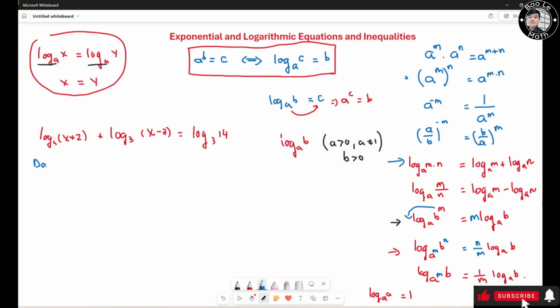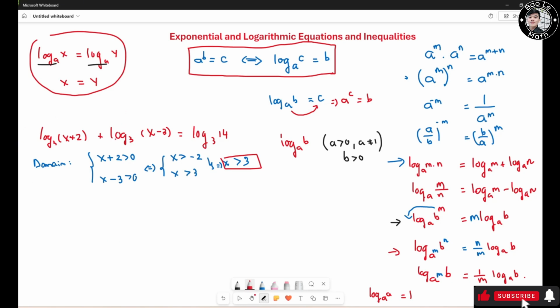So the domain is going to be s plus 2 greater than 0 and s minus 3 greater than 0. So this turns out to be s greater than -2 and s greater than 3. Now if you combine these, the answer must be s greater than 3. So this is your domain.